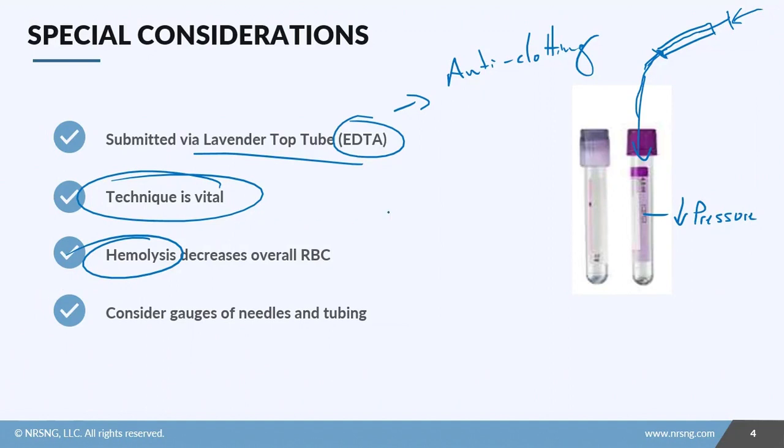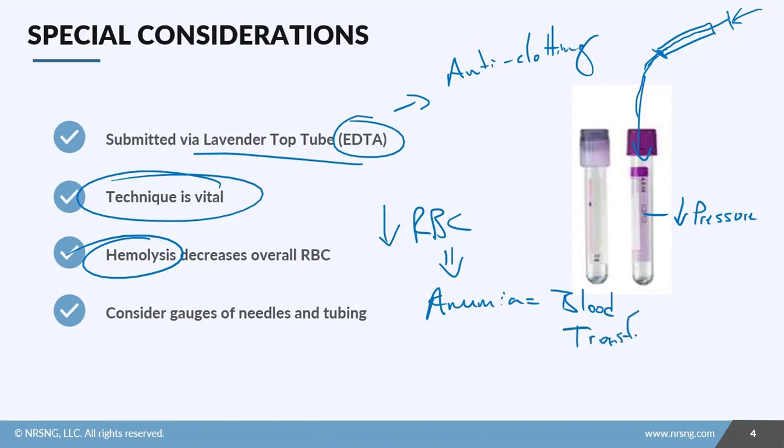If you break the red blood cells apart, you have a decrease in red blood cell counts. With a decrease in red blood cell counts, the provider is going to think anemia, which means a potential blood transfusion, which means potential risk, and it's not needed and unnecessary, all because the technique was poor.